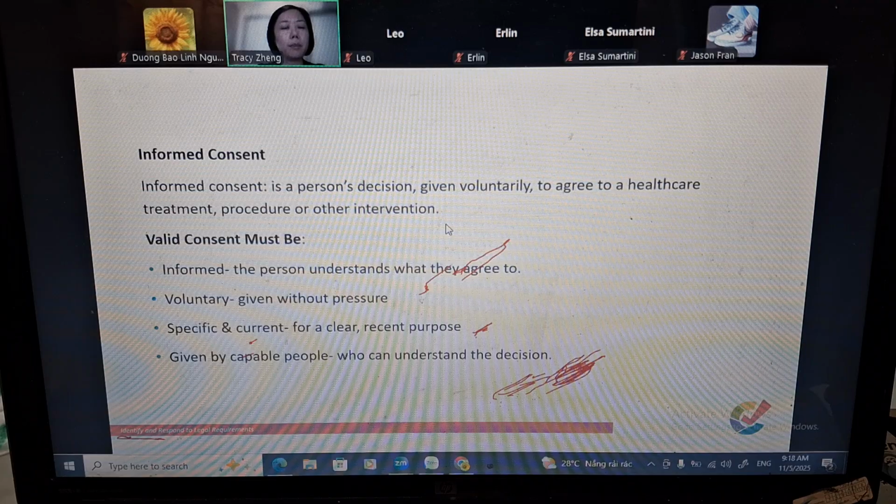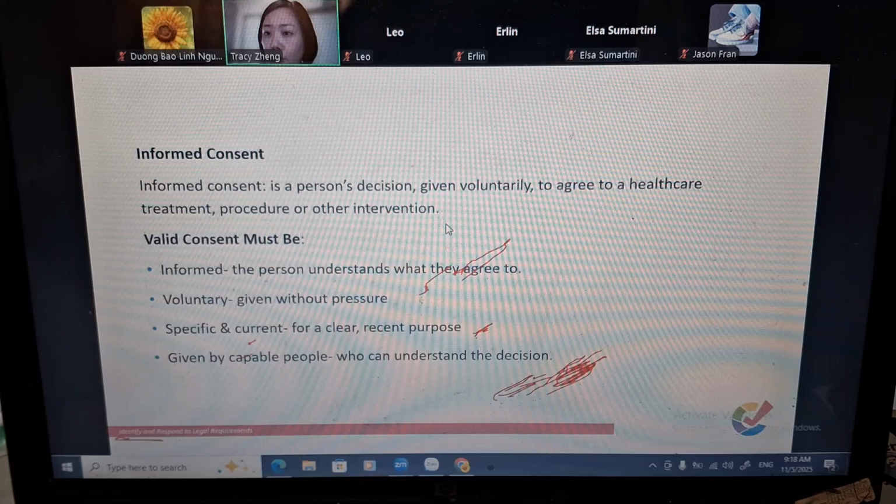Here at the second part of this slide, I'm showing you what we call valid consent. Not every permission would be a valid consent. Firstly, the person must understand what they are agreeing to.